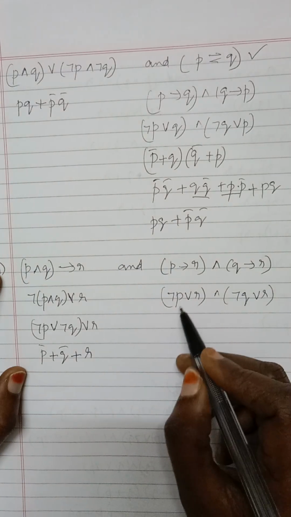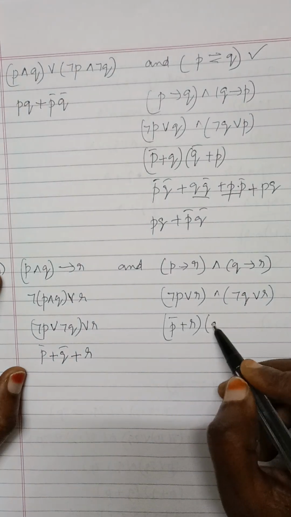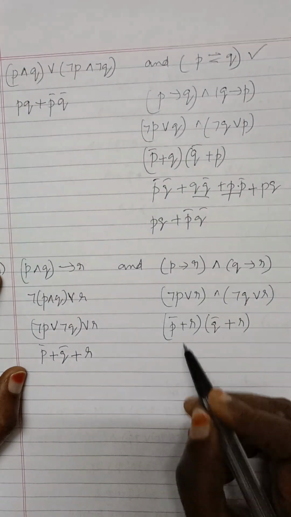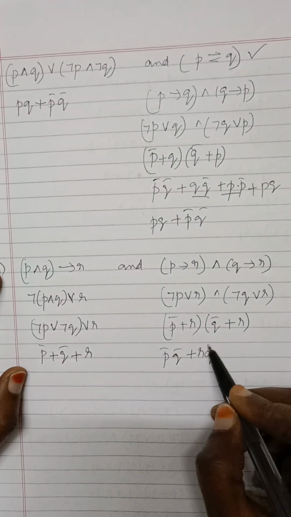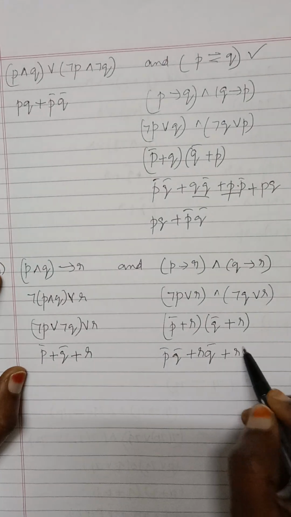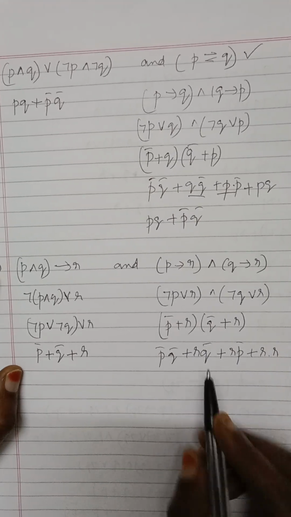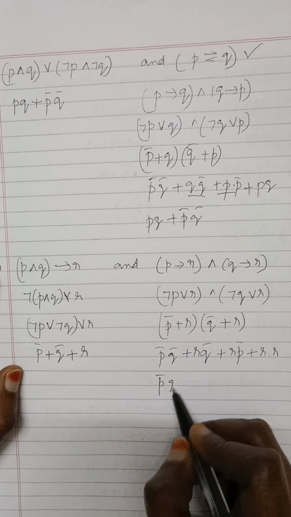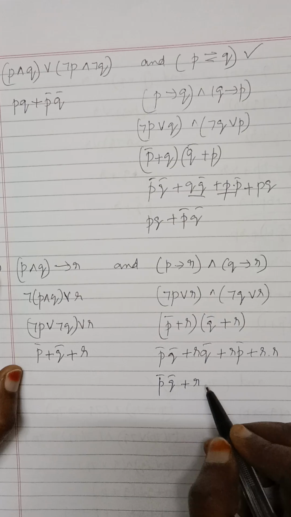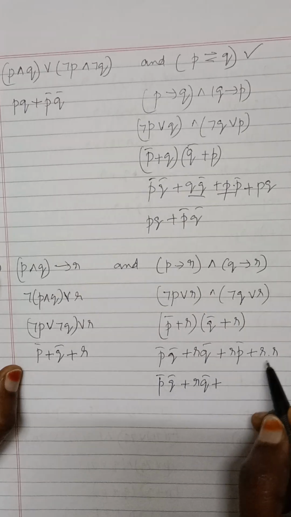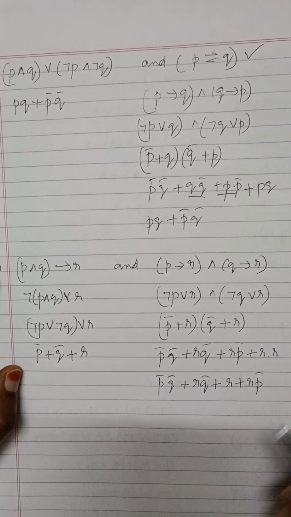So here (p bar + R) into (q bar + R). So multiply it, we'll get p bar q bar plus R into q bar plus R into p bar plus R into R. R into R is R only. It will be p bar q bar plus R into q bar plus R, so R into R is R, plus R into p bar.